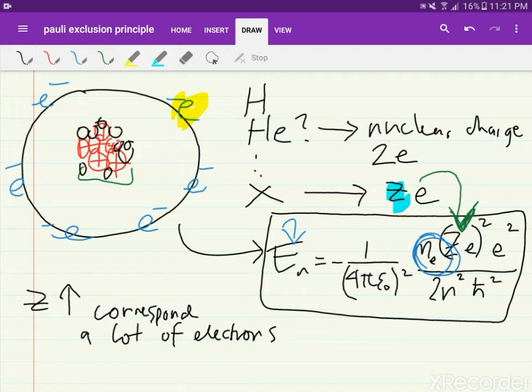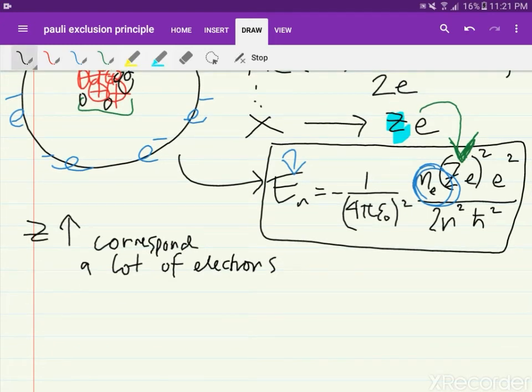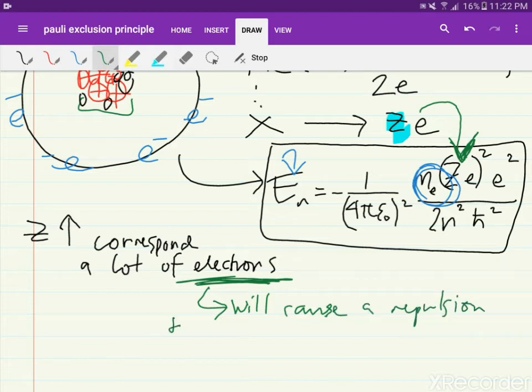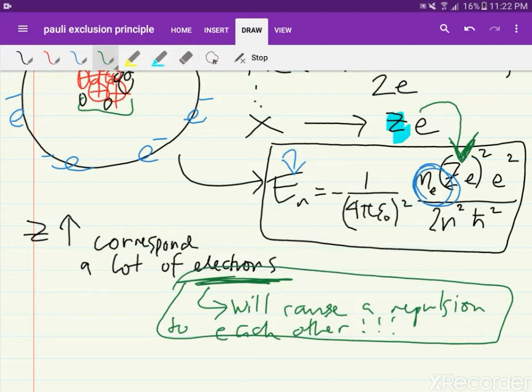When you have a lot of electrons inside an atom, these electrons will cause a repulsion to each other. What this will do is mess up the whole wave function. So as we approach a higher atomic number in our elements, this approximation in energy becomes less and less accurate.